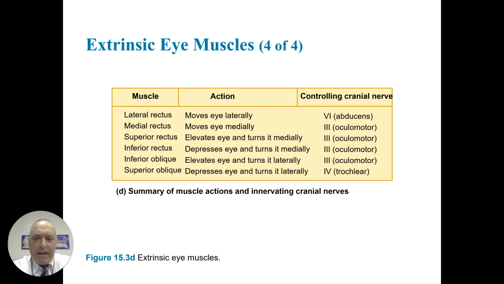And then the abducens, number 6, innervates the lateral rectus. So lateral rectus moves the eye laterally. The medial rectus moves the eye medially. Superior elevates the eye. Inferior depresses the eye. The inferior oblique elevates the eye and turns it laterally, whereas the superior oblique depresses the eye and turns it laterally.